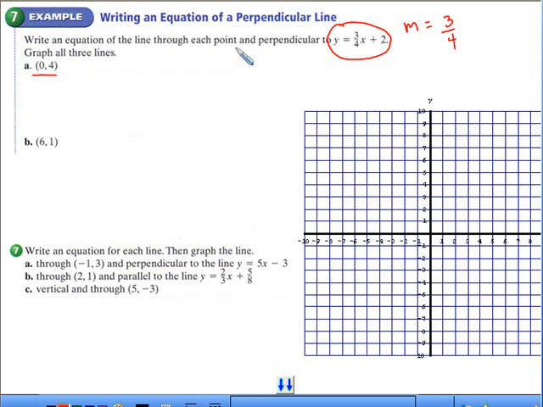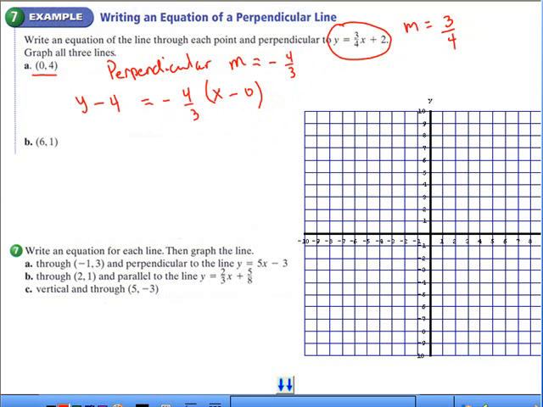If it's going to be perpendicular, m is going to have to be the opposite reciprocal. So it's going to have to be negative 4 over 3. So use this slope now, because we want it to be perpendicular, and this point, and plug it in point slope. So we're going to have y minus 4 is equal to negative 4 over 3 times x minus 0.